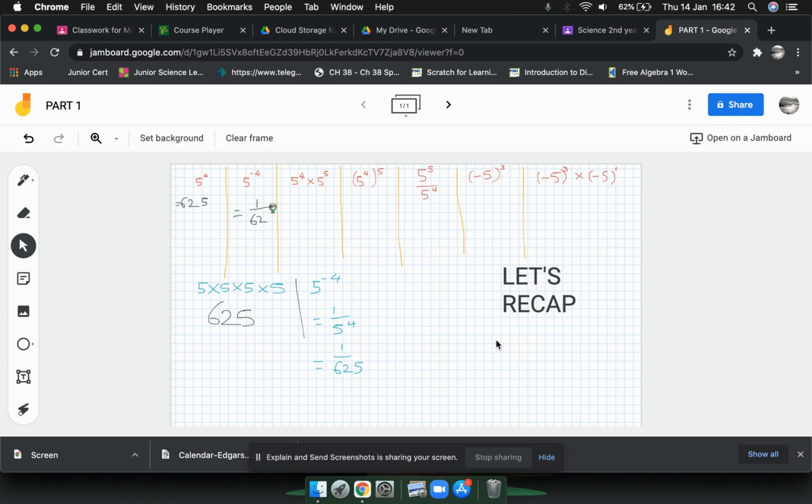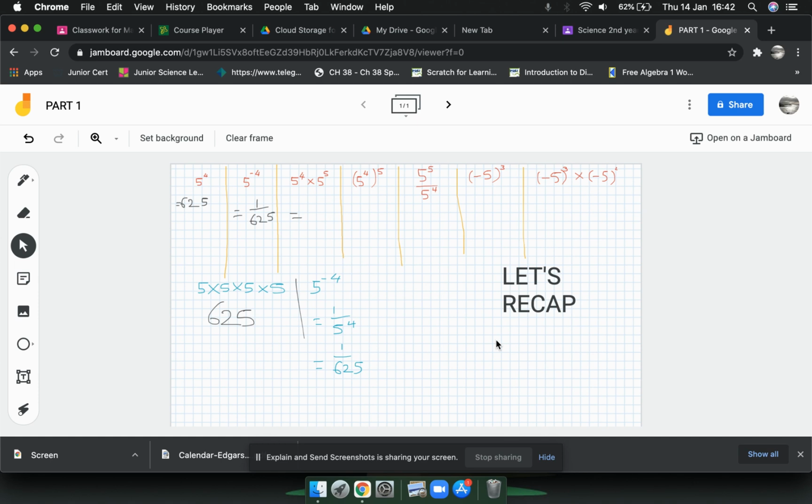I've saved myself time rather than writing in the questions, but for this question, it would be something like: turn 5 to the power minus 4 into a fraction. The next thing then is we're told to multiply out and simplify and write it in index form. This one, I don't need much space because there's very little working required.